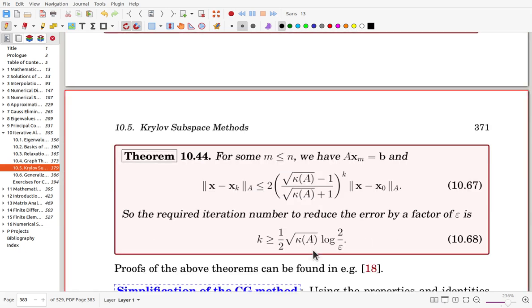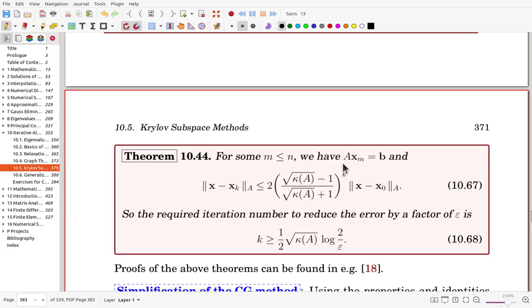With this wonderful property, now we can say that at some stage, after m iterations, m is smaller than or equal to n. M can be n.